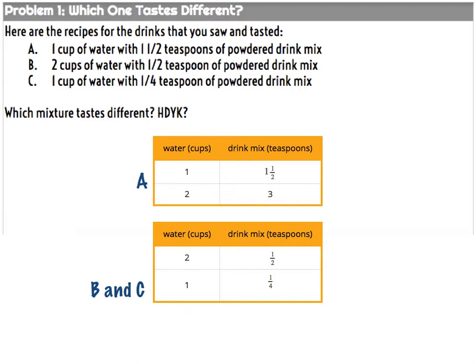So when you have 1 cup, A uses more drink mix than C, because it's 1.5 teaspoons compared to 1/4 teaspoon. And when you have 2 cups of water, A uses more than B, because you have 3 teaspoons of Kool-Aid mix compared to only 1/2 teaspoon for mix B.